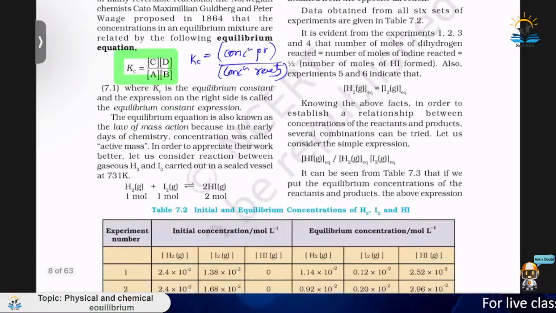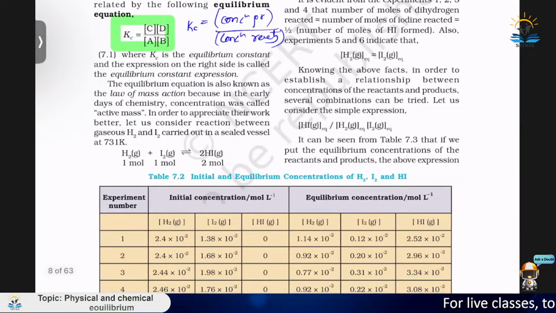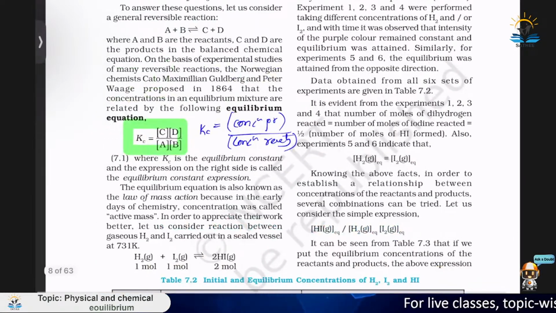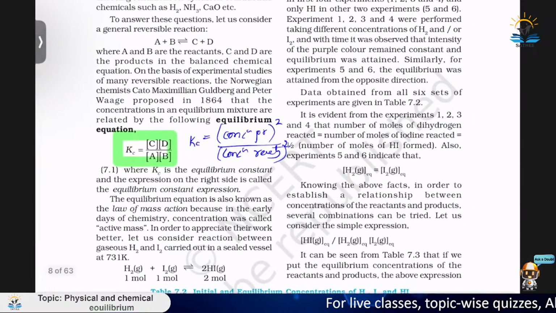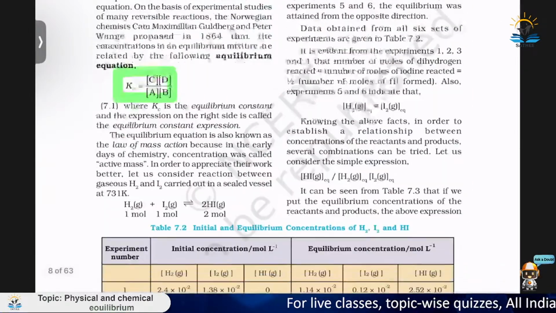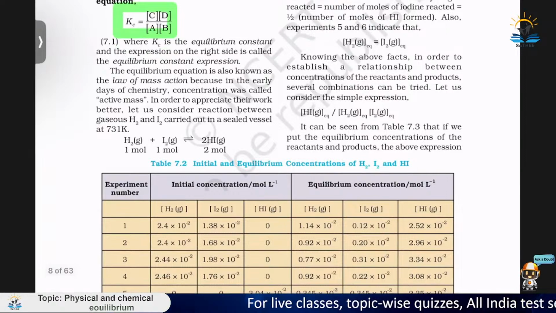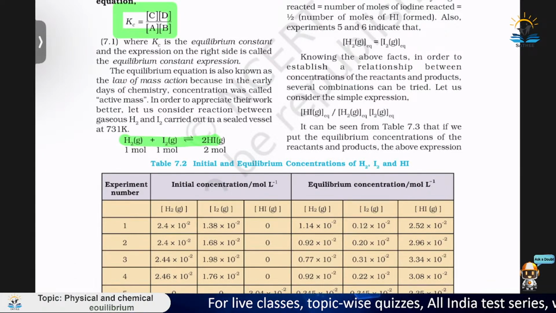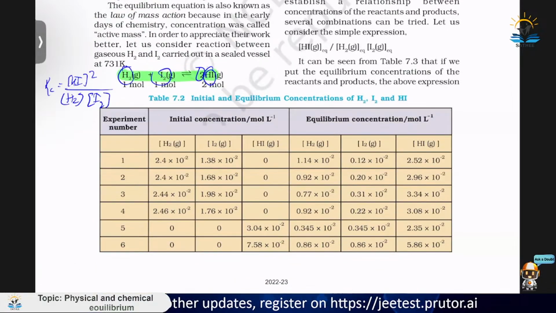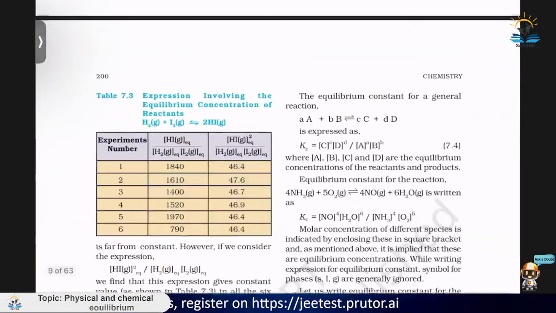This is your basic formula. And yes, don't forget to raise them to the power of the stoichiometric coefficients. We will see examples. For example, let us see this equation. This is your Kc equation.